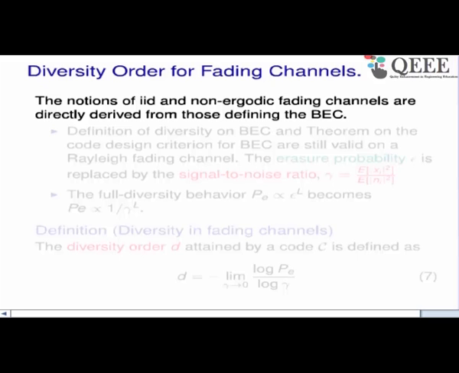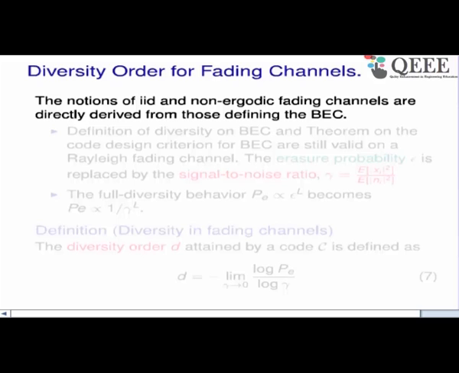The diversity order of fading channels. Remember that diversity order is the slope of the probability of error curve. The higher the slope, the better the channel, because a small decrease in epsilon for the erasure channel will result in a large decrease in probability of error, right?